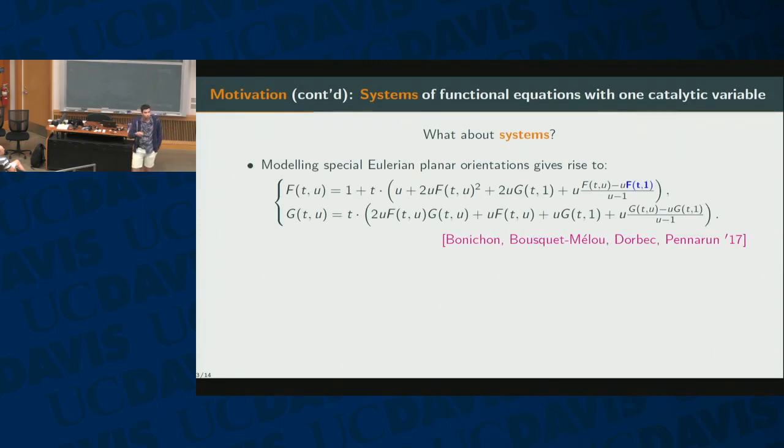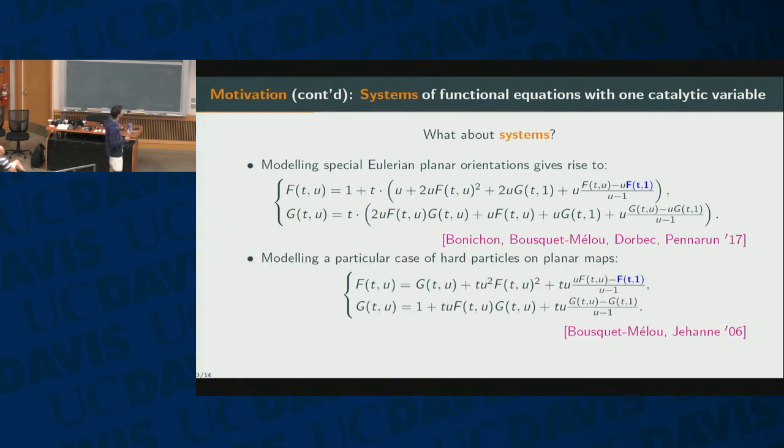In the literature, there are some examples of systems of discrete differential equations. And the question is still the same. Can we classify the nature of the series F? And then can we eventually compute a witness of this nature and deduce properties on the sequences and on the combinatorial objects?